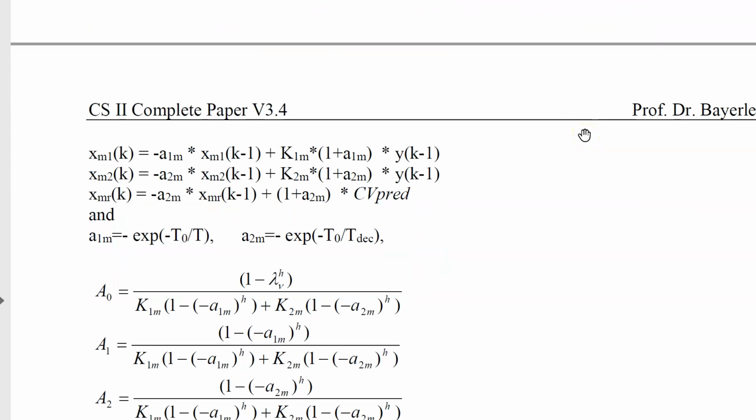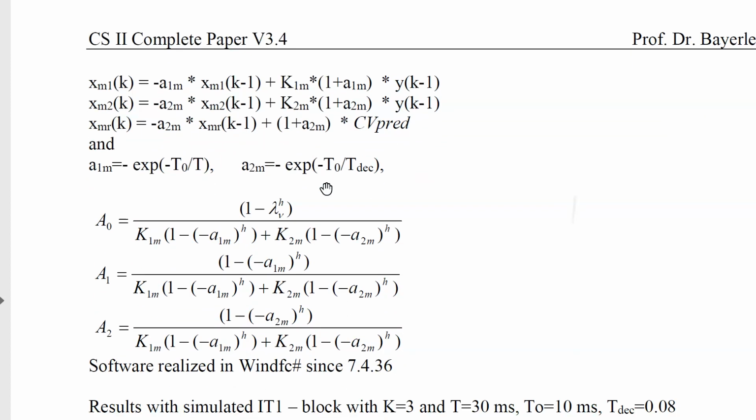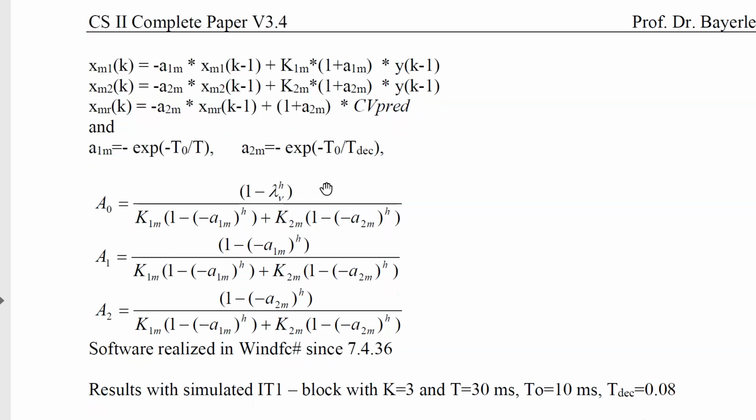Here you can calculate the model output values of the three PT1 models. And here are the calculations of the well-known three coefficients with similar expressions. Here you see the lambda value, which can be calculated with the 5% settling time. Here are the K model values we have calculated just before.